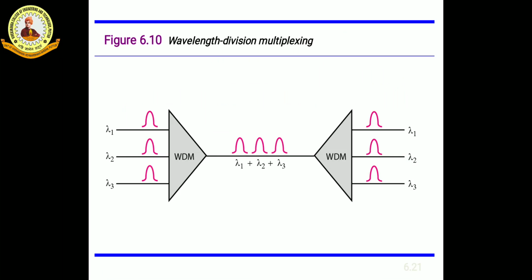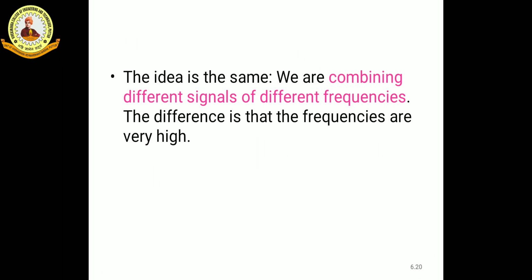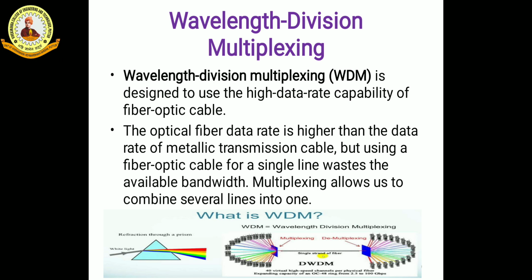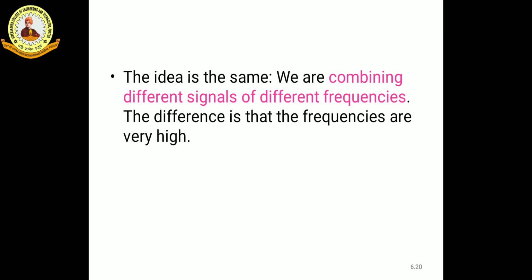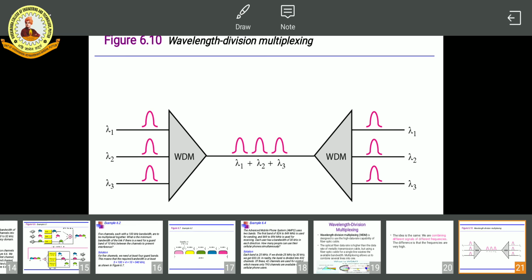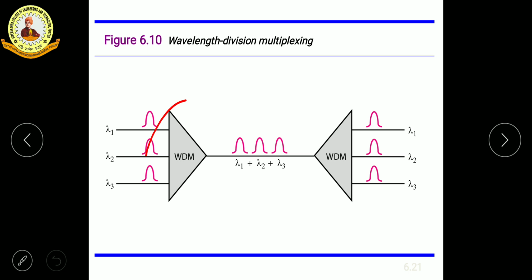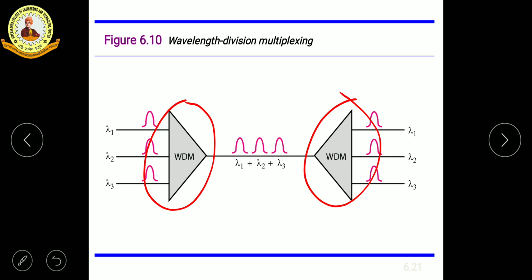Then this figure conceptually represents wavelength division multiplexing. So here we have a WDM multiplexer and a WDM demultiplexer.